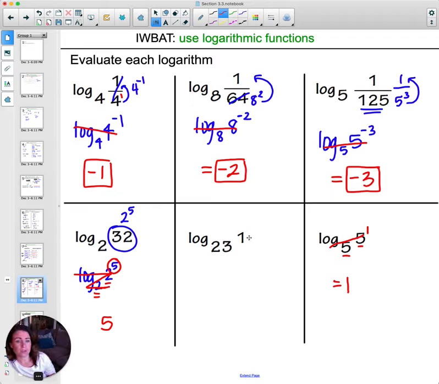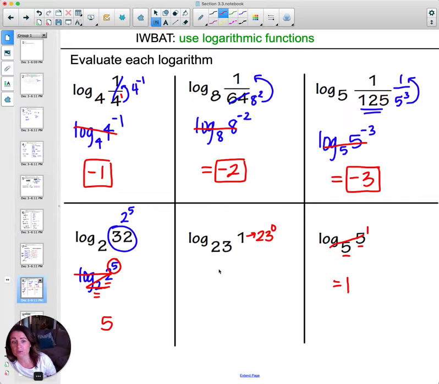Then this one, a 1. Remember, log base anything of 1, let's check this out. If I wanted to write this number as a base of 23, this would be 23 to the 0 power, because anything to the 0 power is 1.